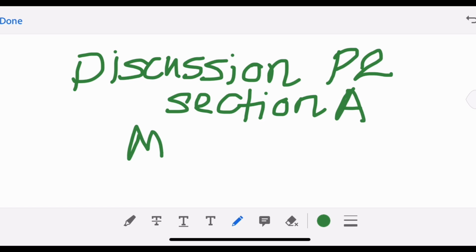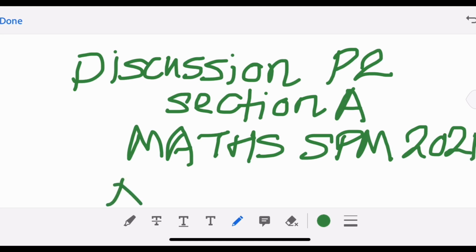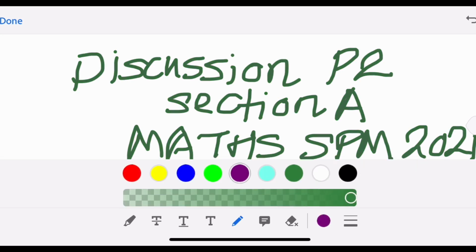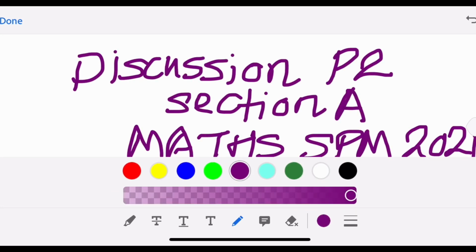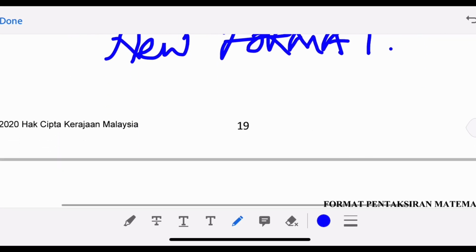Today we will discuss paper 2 section A for maths, SPM exam 2021, which is the new format of the SPM exam. Section A looks quite easy because it's testing you on the basics from Form 1 to Form 5.